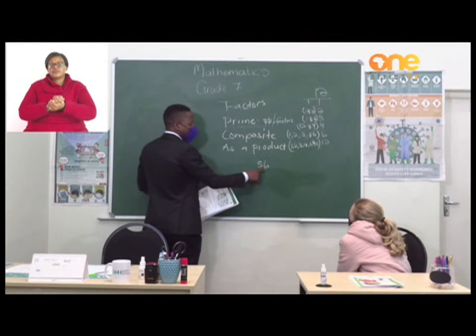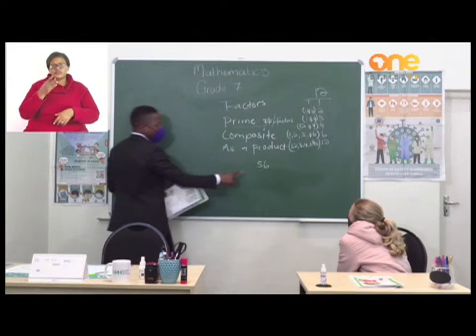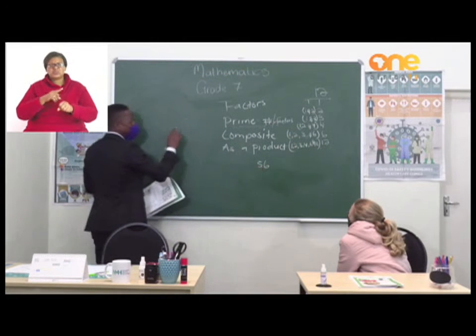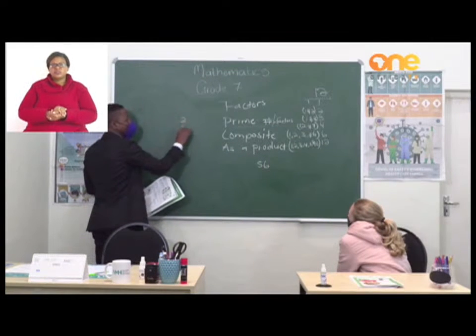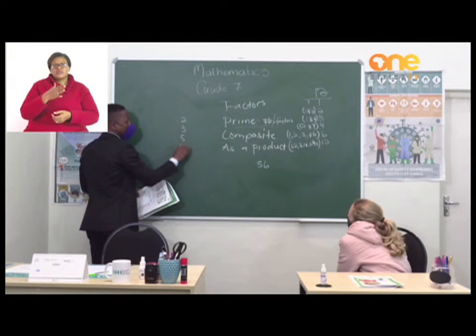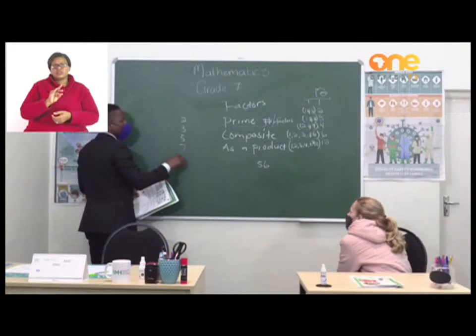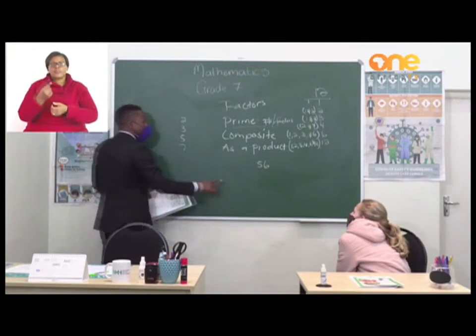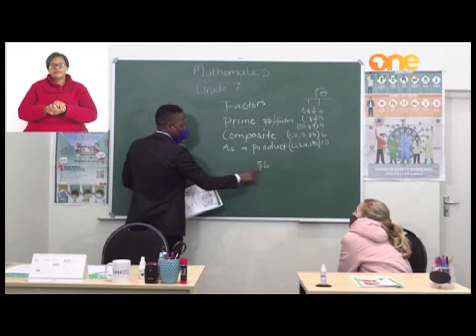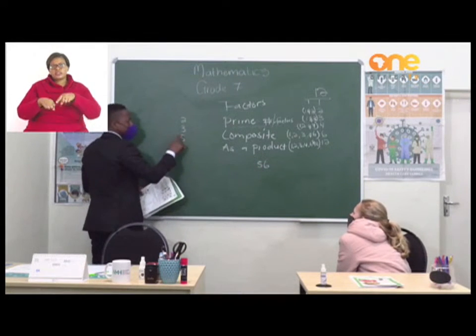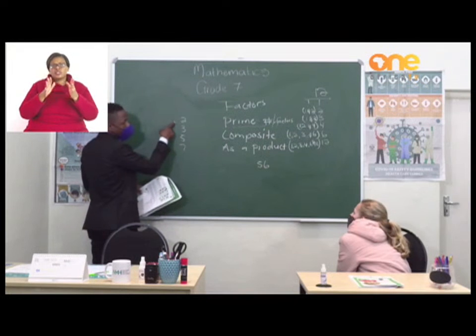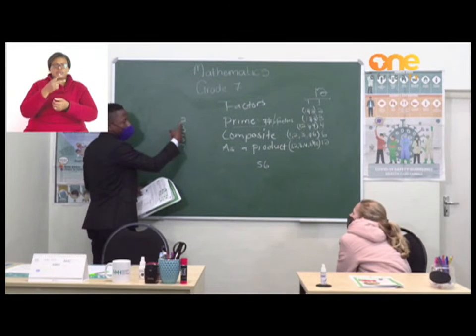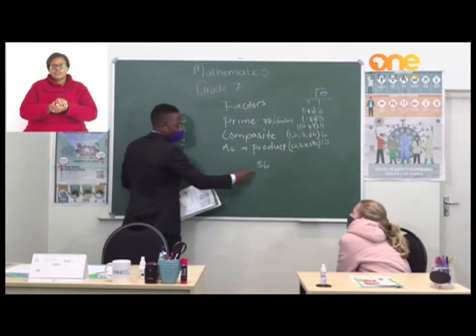Our starting point is 56, and then you have to halve 56. Why do we halve? Prime factors are 2, 3, 5, 7, and it goes on. But when it comes to factorizing, we start with the lowest possible prime factor, which is 2. When you divide by 2, you are halving.